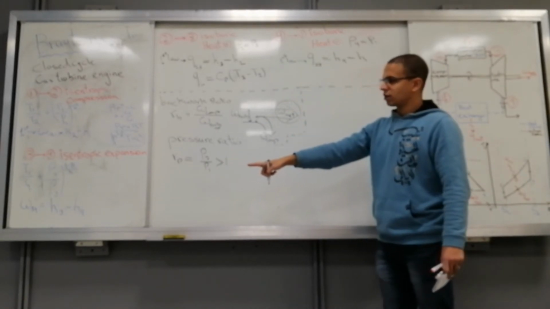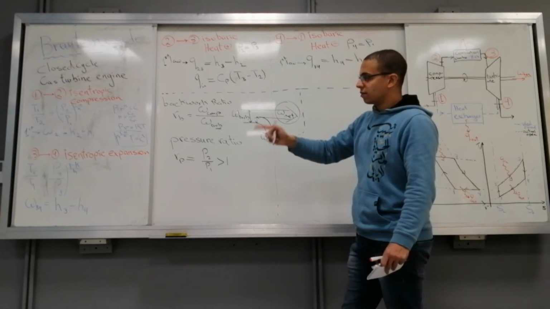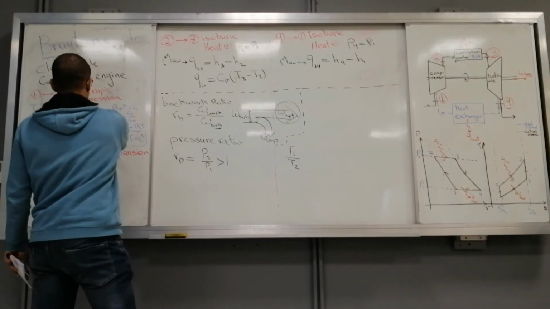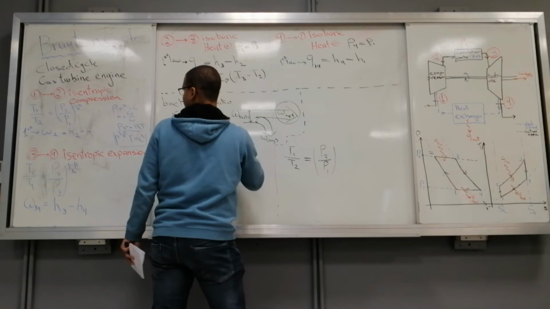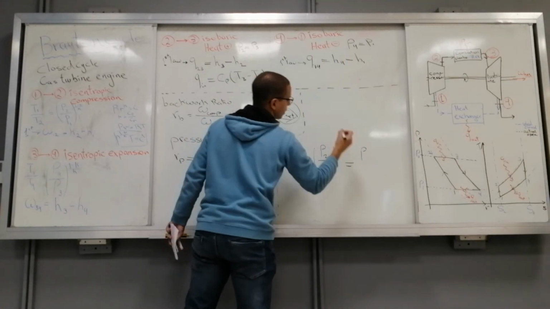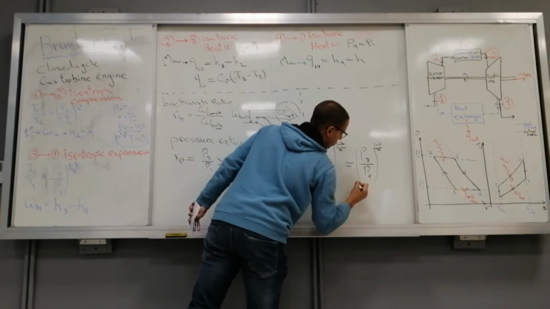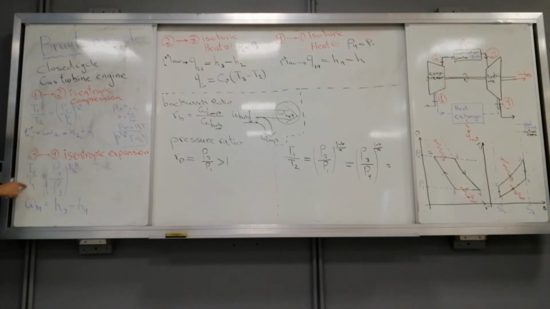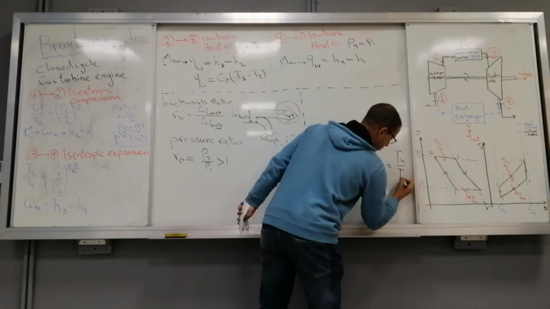The first one we're going to deduce is that, given that P2 equals P3 and P4 equals P1, then T1 over T2 is equal to (P2 over P1) to the power (1 minus K)/K, which equals (P3 over P4) to the power (1 minus K)/K, which is equal to T4 over T3 once inverted.